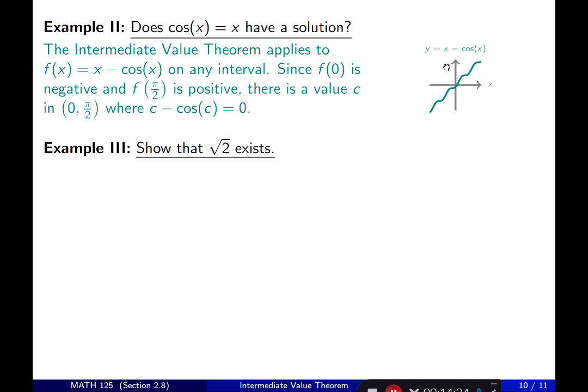Here I can find a polynomial whose root is square root of 2. What is that polynomial? That would be x squared minus 2, right?